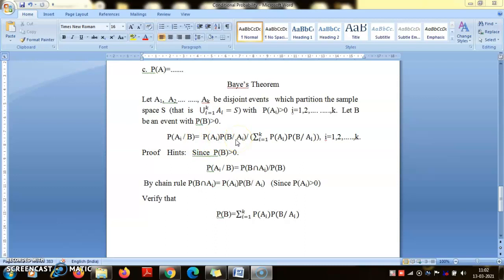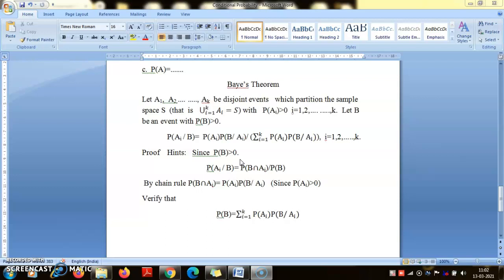We will do several examples involving Bayes theorem, but as of now I am just writing down the result and discussing the proof, because it is an important result in probability and you can prove it easily based on whatever you have learned regarding conditional probabilities.